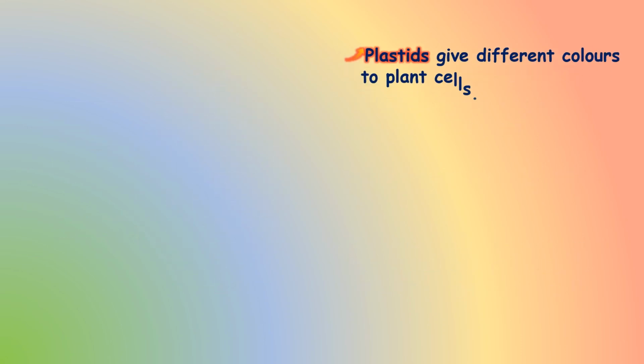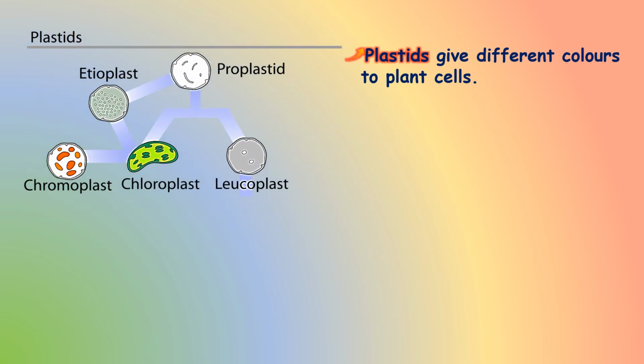Now we have another organelle called plastids, and these give different colors to plant cells. If you see here, the plastids are chromoplast, different colored, chloroplast, and the one without a color called leucoplast. They are present only in plant cells.